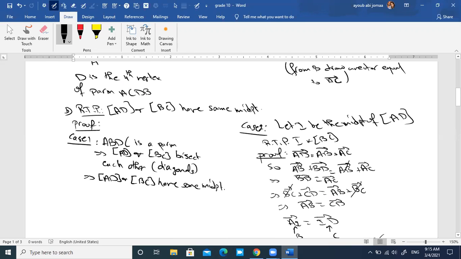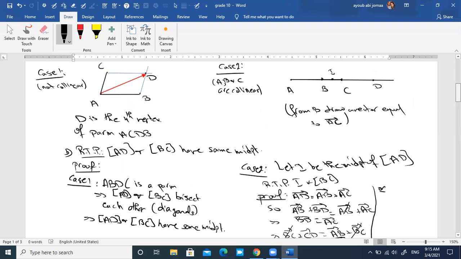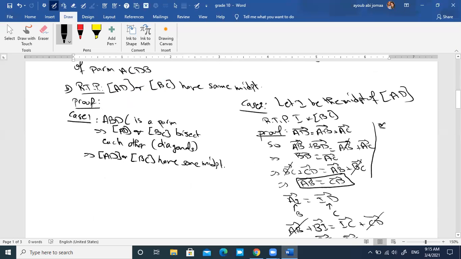To prove that AB is equal to CD, we can write from this step AD is equal to AB plus AC. Just insert here point D, or insert here point C.